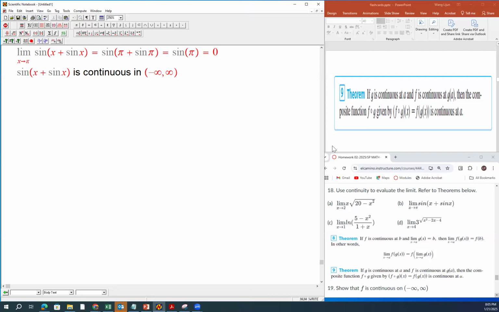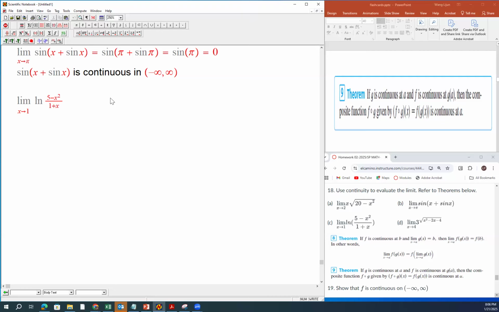C will be interesting to me because this will test how much we know about logarithms. So I'm going to write down the limit as x approaching 1, and we have ln. This is a composite of functions, okay? So ln of (5 minus x squared) over (1 plus x).